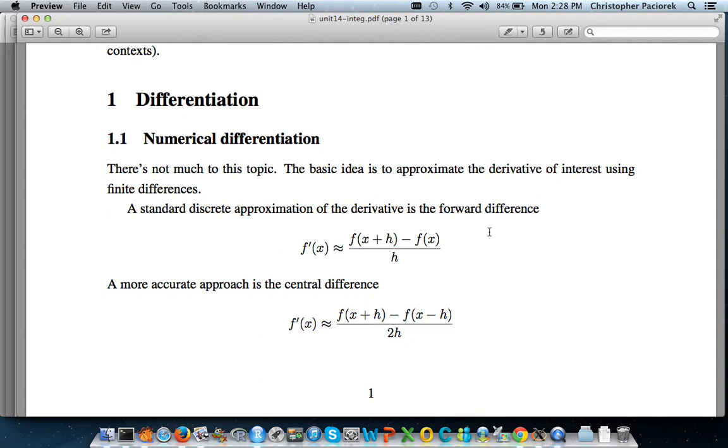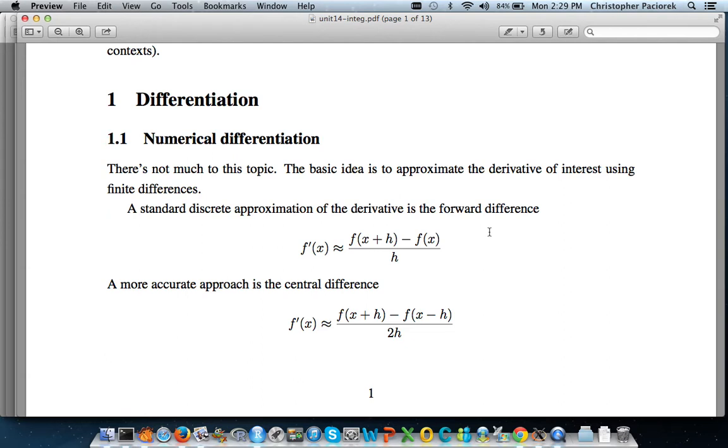If h is close enough and the function is not too wiggly, the gradient of that secant will approximate the actual gradient of the function. So my estimate of the gradient would just be the difference between f at x plus h and f at x, divided by the size of the step that I took in moving away from x.